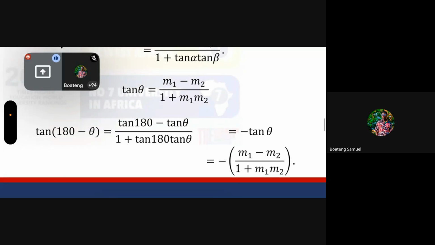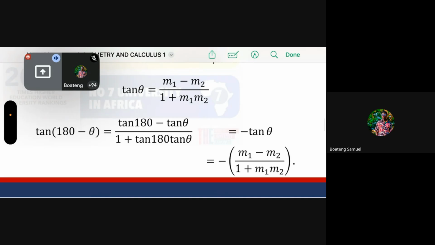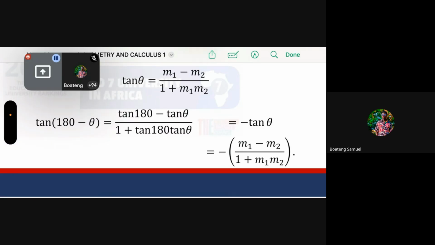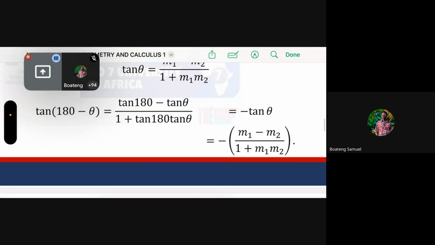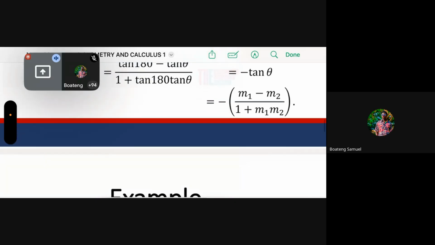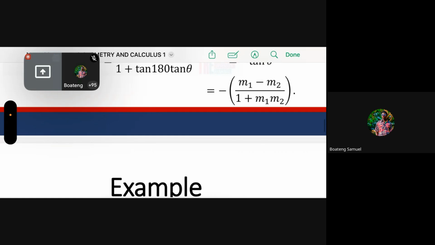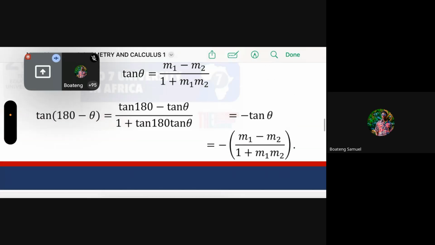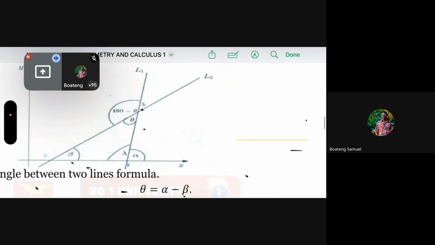And we just got tan theta to be M1 minus M2 divided by 1 plus M1 M2. So the angle tan (180 minus theta) will be negative, into brackets M1 minus M2, divided by 1 plus M1 times M2. So these are the two angles between the two lines L1 and L2.